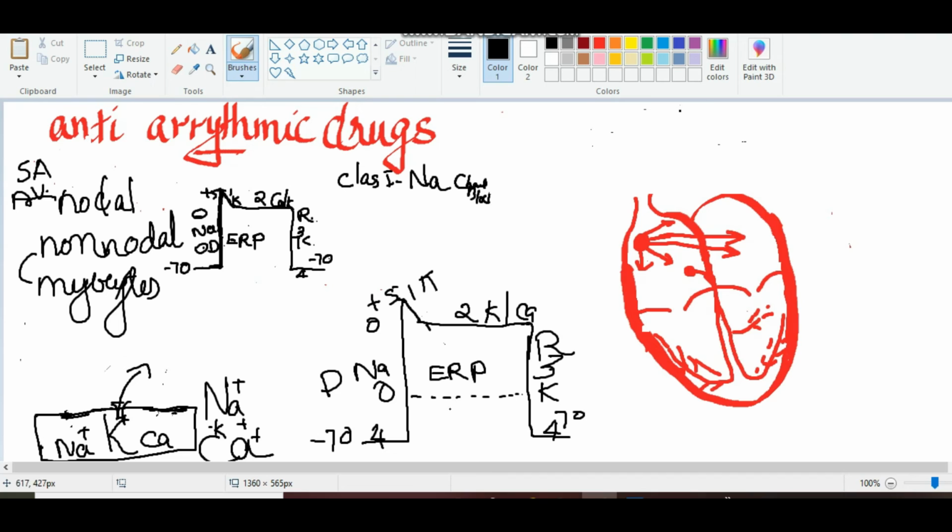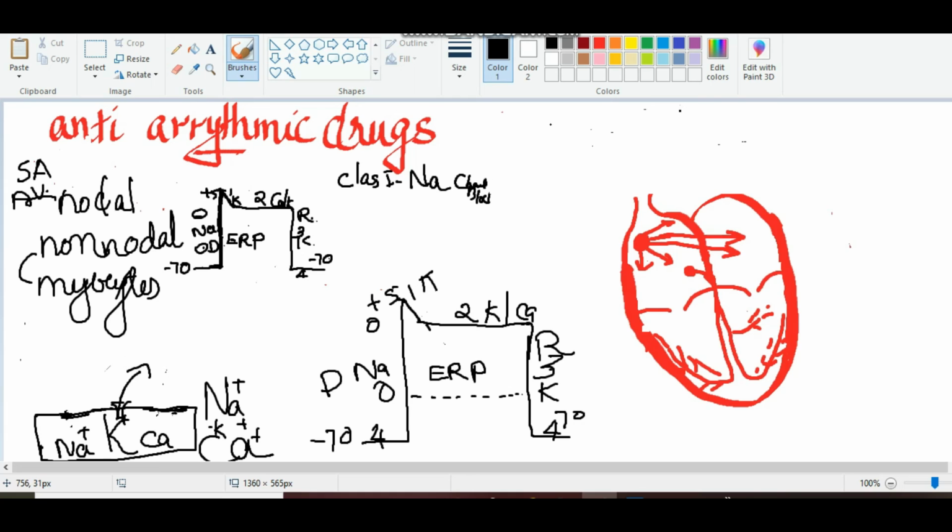So in a minute, the number of heartbeats is going to be lesser when the ERP is prolonged, because it takes a longer time for another heartbeat to begin. Some of the antiarrhythmic drugs work on the ERP. What they do is prolong the ERP and decrease the heart rate.